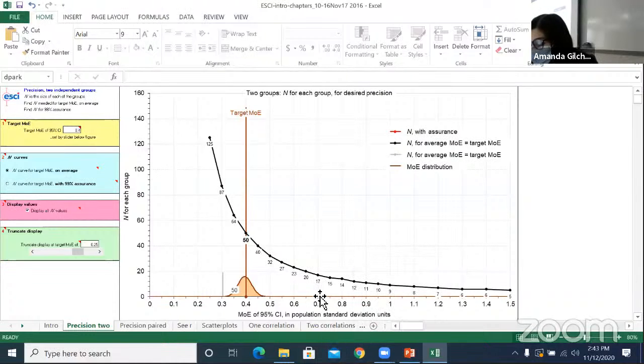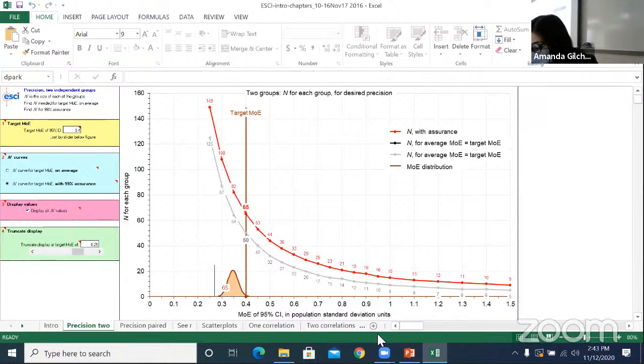We need assurance, so we need our target with assurance. And additionally, I think we don't need to truncate this one. So this would require 65 people per group. Remember that it's 65 people per group in this instance.